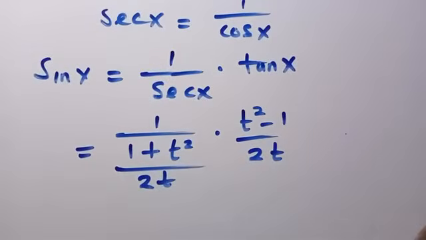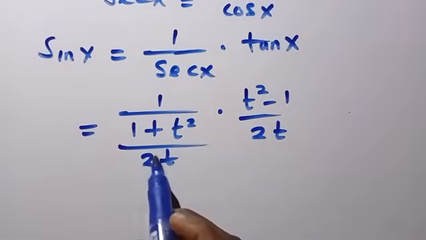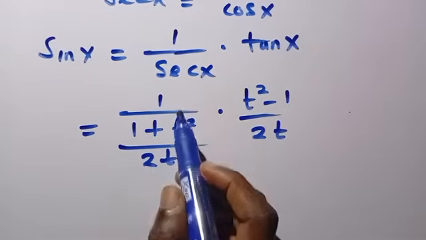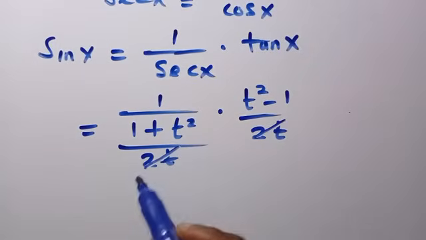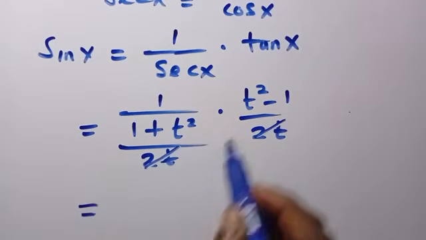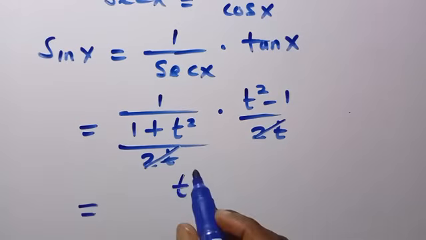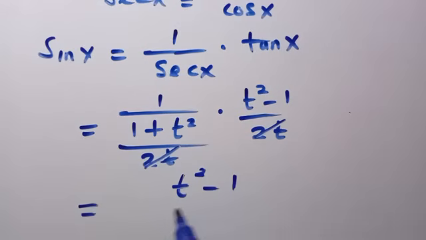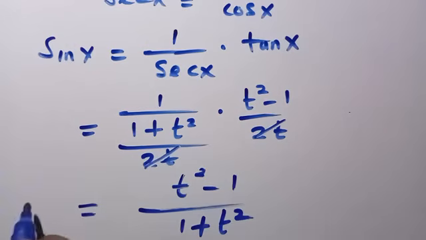By the law of reciprocal, this 2t will come up and cancel the other one. When it is cancelled, we have the result as t squared minus 1 divided by 1 plus t squared, which is the value of sine x.